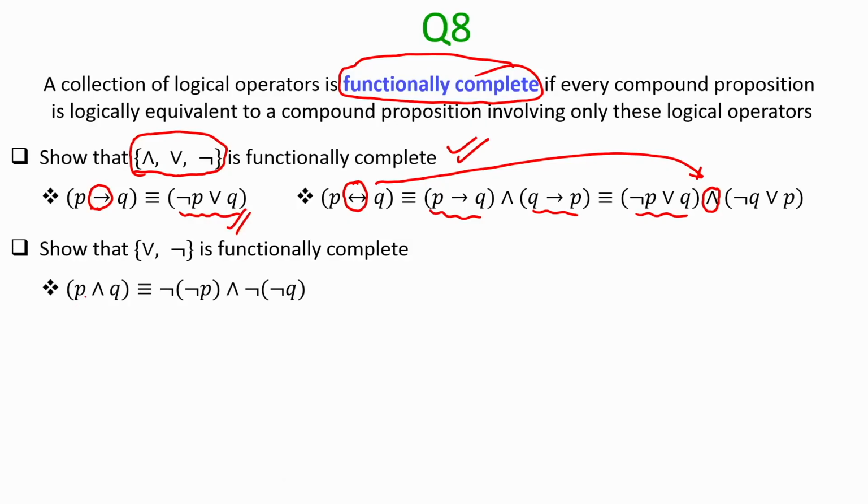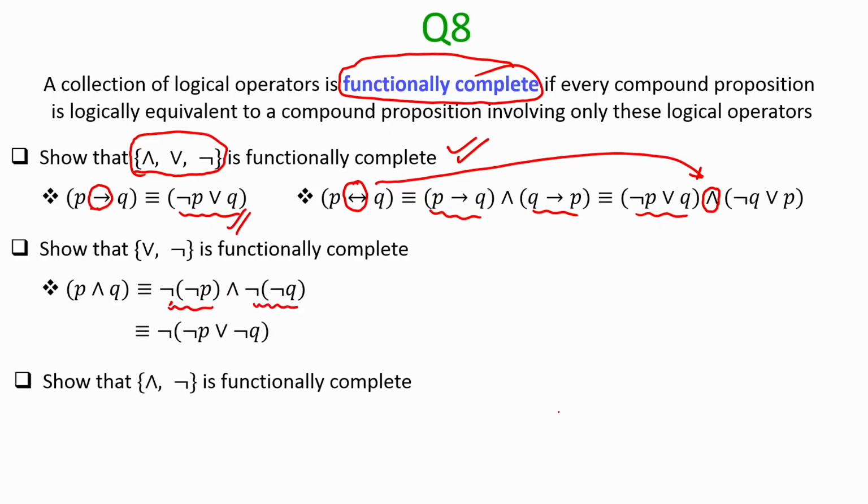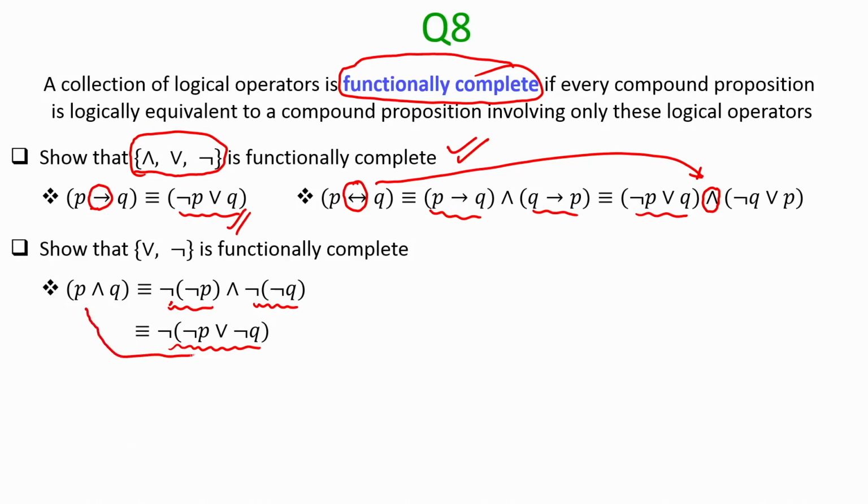Imagine you have an expression of the form conjunction of P and Q. This is logically equivalent to negation of P, conjunction negation of Q, and then by De Morgan's law this is nothing but equivalent to negation of this entire expression, namely disjunction of negation P and negation Q. So, now you see that even if you have an occurrence of AND in your expression, you can substitute that expression by another expression where you have only occurrences of negation and disjunction, which shows that negation and disjunction operators are functionally complete. You can represent any statement.